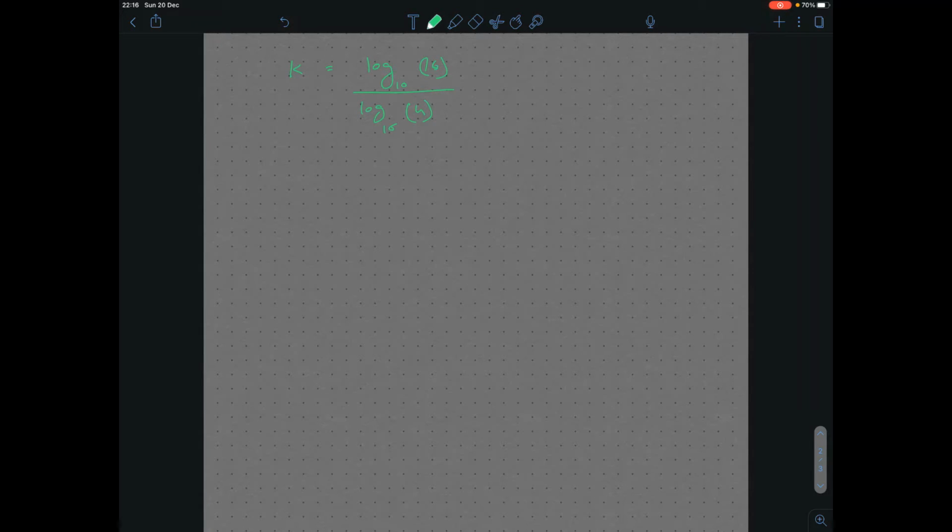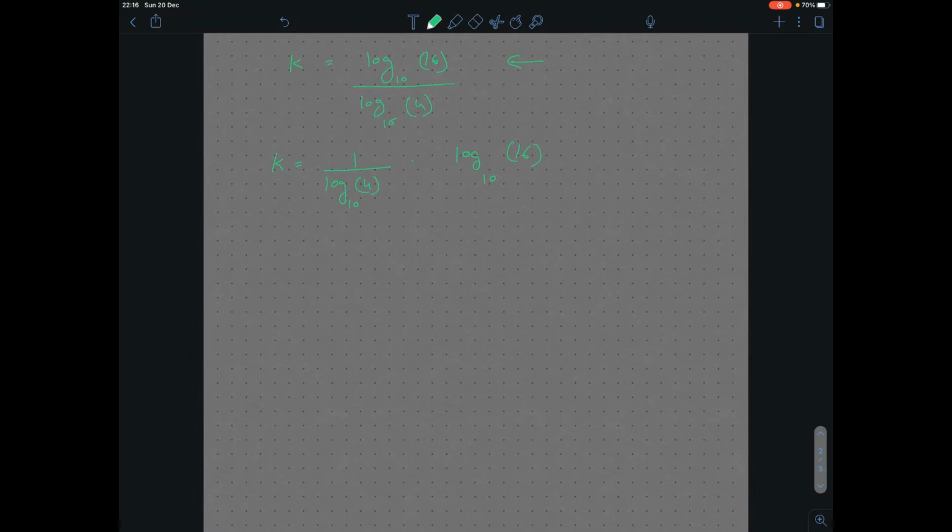So in order to change from a base of 4 to a base of 5, all we have to do is multiply and divide this particular expression by log 10 of 5. The way this is easily done is you can rewrite that as 1 divided by log 10 of 4 multiplied by log 10 of 16, and then multiply and divide by log 10 of 5.